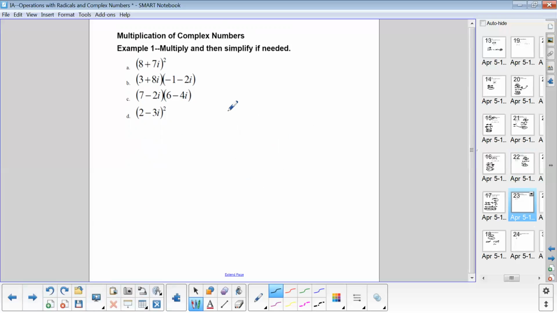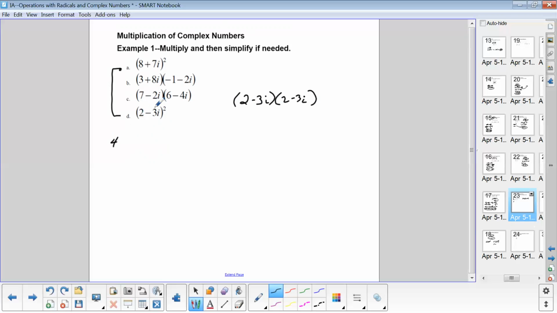Part D is very similar to part A. So a multiplying strategy that you could use in your mind to multiply these out is you could square the 2, which gives you 4.